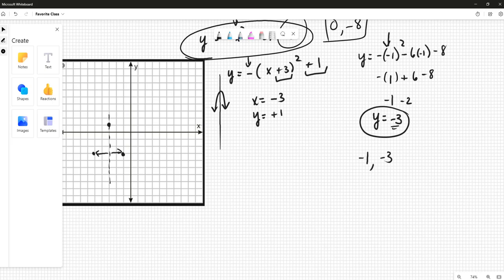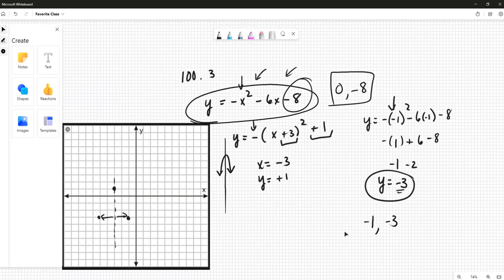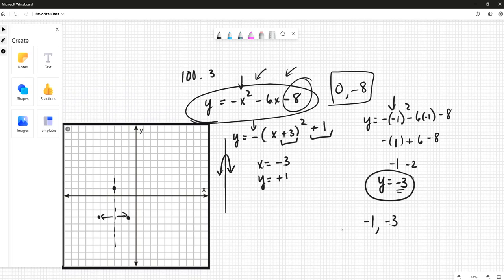We could do the same thing by putting in another value. Instead of negative 1, let's say we put a negative 2 in: y equals negative 2 squared minus 6 times negative 2 minus 8. Let's see if that works. It's going to be a negative 4, positive 4, negative 4, and then 6 times 2 is 12.